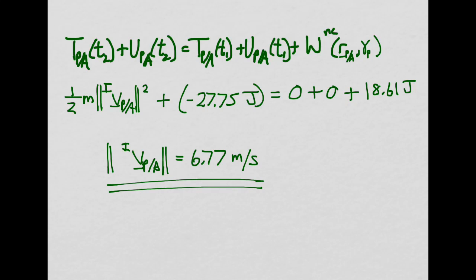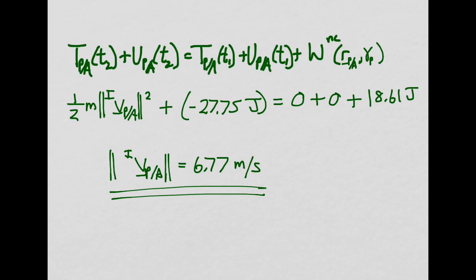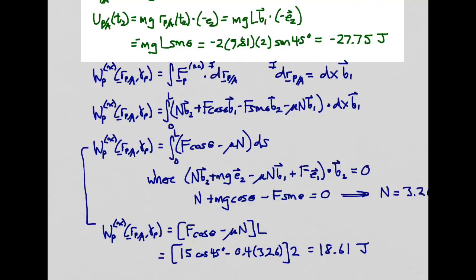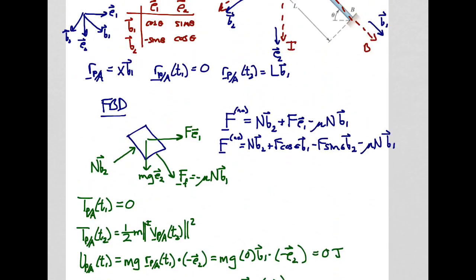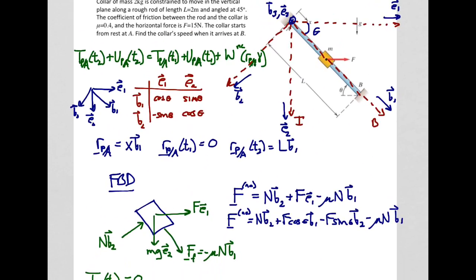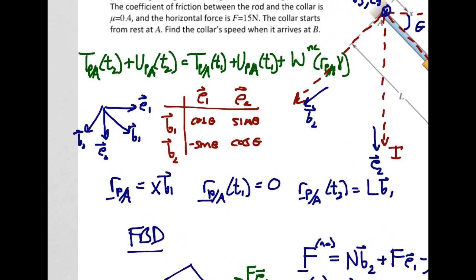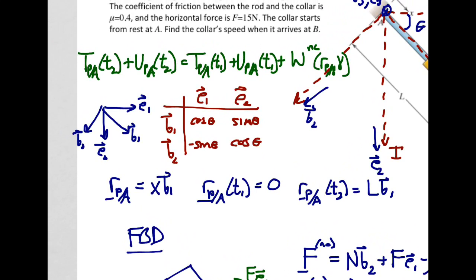Alright, so as a recap, what we did to solve this problem is that we used our total energy, in which we have our kinetic energy at time 2, our potential energy at time 2, equal to our energy at time 1, our kinetic plus potential, and then the difference between those is the work due to non-conservative forces.